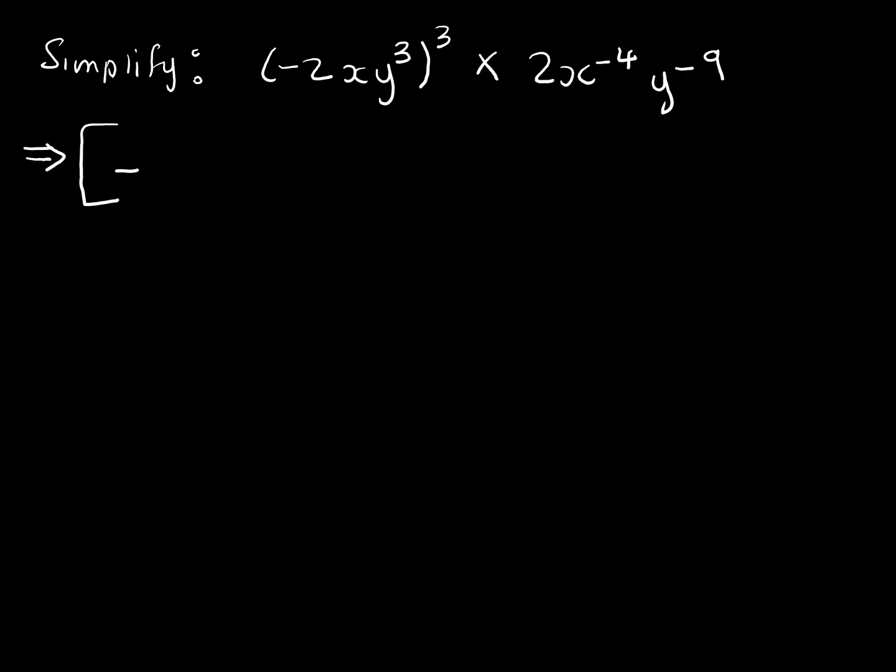The minus 2, I'm going to put it inside the bracket, and then I'm just going to leave my x, y to the power 3 like that. Okay, remember everything is to the power 3, right? So now if everything is to the power 3, I still have the 2x to the power minus 4, y to the power minus 9.